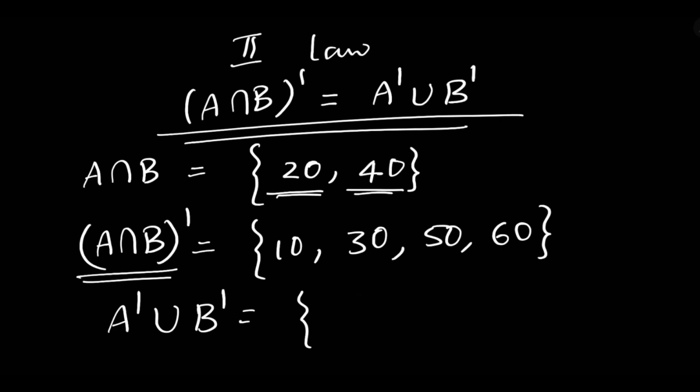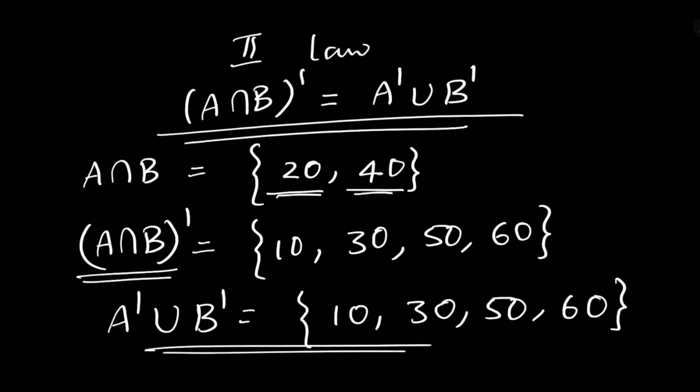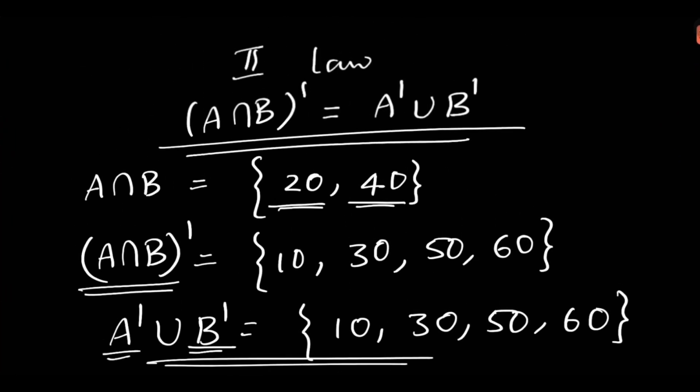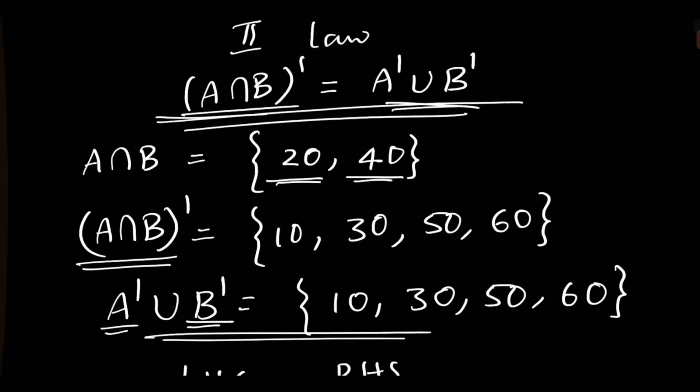You have A complement 50 and 60, B complement 10, 30 and 50. This forms the union of the two sets, A complement and B complement. When you go back and see, you can see that the union of these two sets is this. Now this proves that in the second law, LHS is equal to RHS. See? Thus, second law is verified.